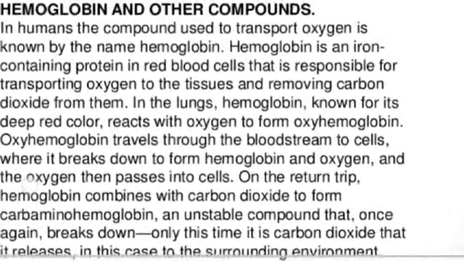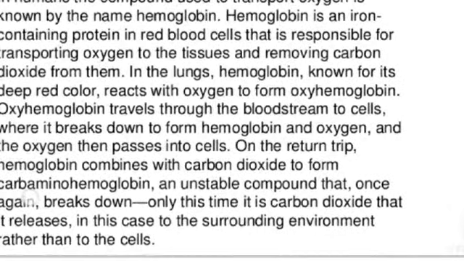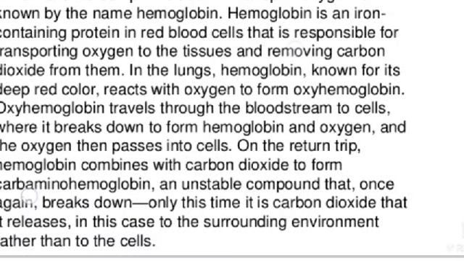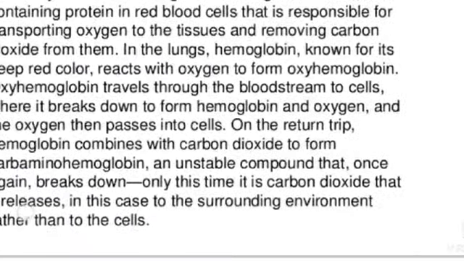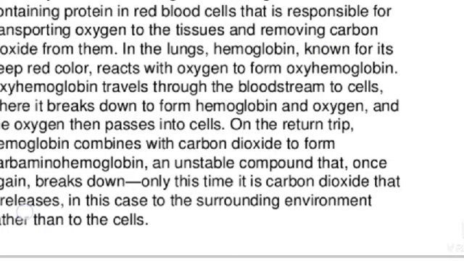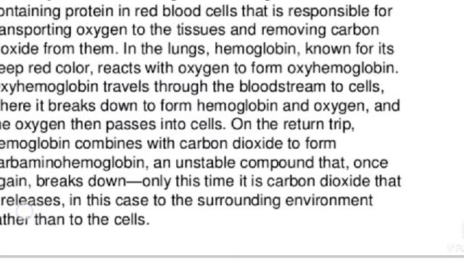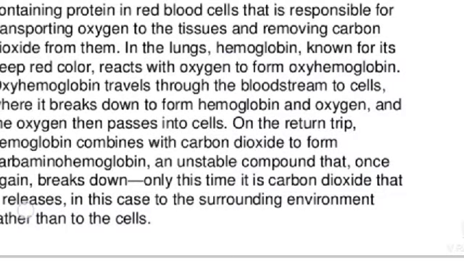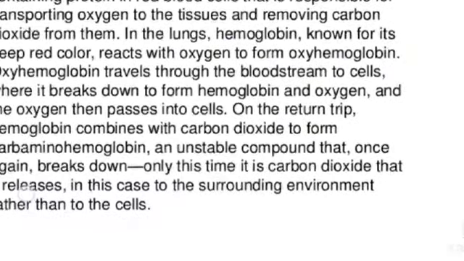Hemoglobin is an iron containing protein in red blood cells that is responsible for transporting oxygen to the tissue and removing carbon dioxide from them. In the lungs, hemoglobin, known for its deep red color, reacts with oxygen to form oxyhemoglobin.